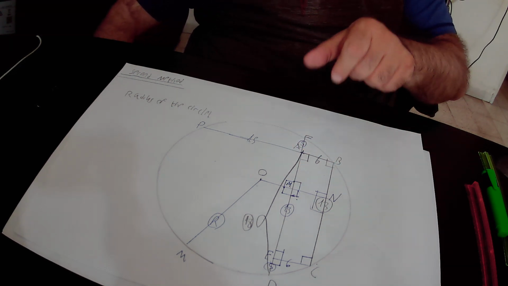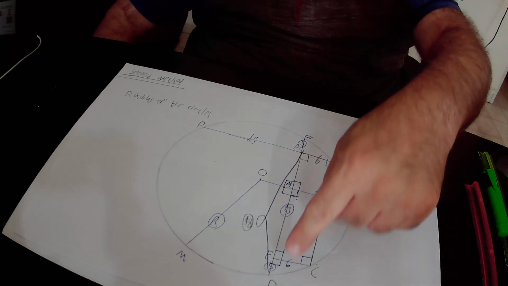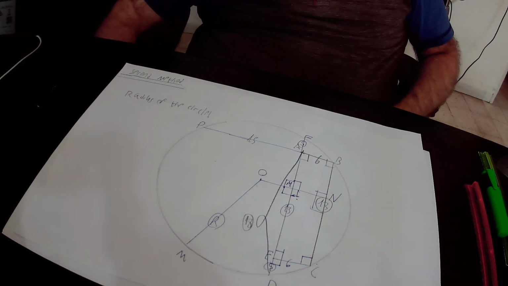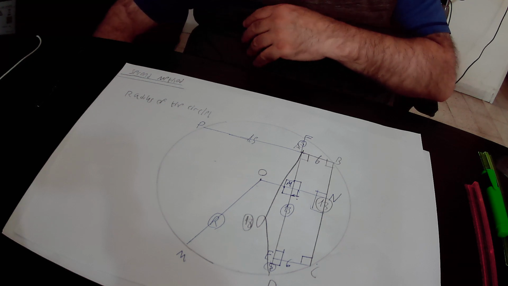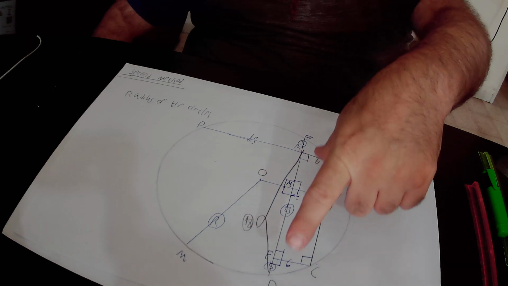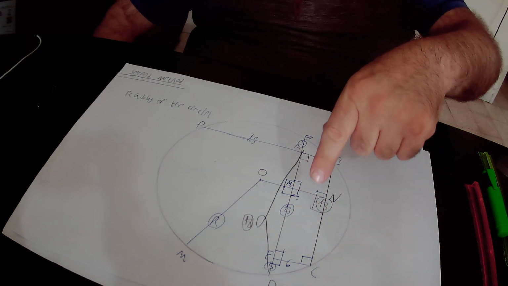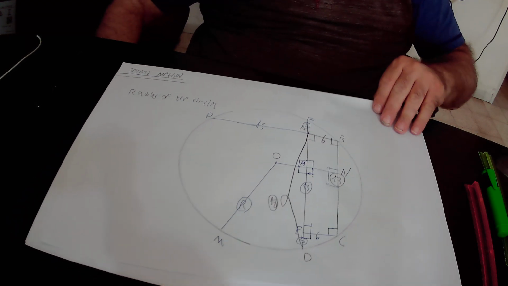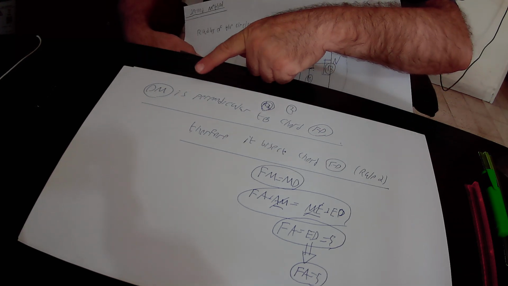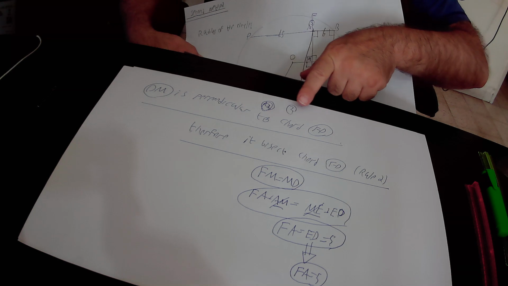So I actually found out that OM is perpendicular to chord FD. And point O is the center of the circle. And whenever from the center of the circle we draw a perpendicular to a chord, it bisects the chord. That is to say, FM equals MD. So I repeat it here. We found out that OM is perpendicular to chord FD.